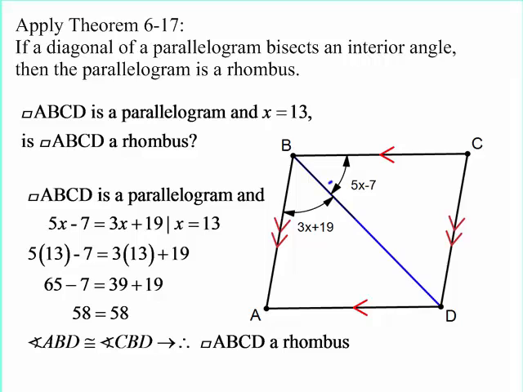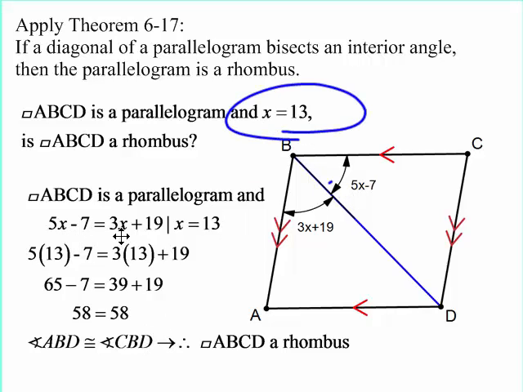So Theorem 6-17 says that if we have a parallelogram and the interior angle is bisected, then it's a rhombus. So we have a parallelogram. I have an expression for this angle, an expression for that angle, and you're being told that x is 13.